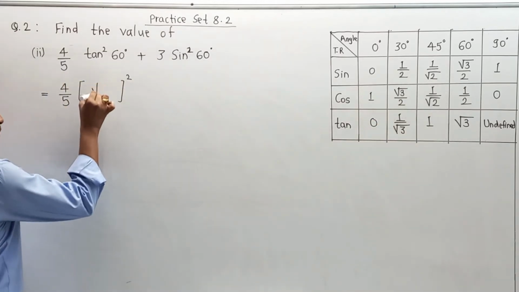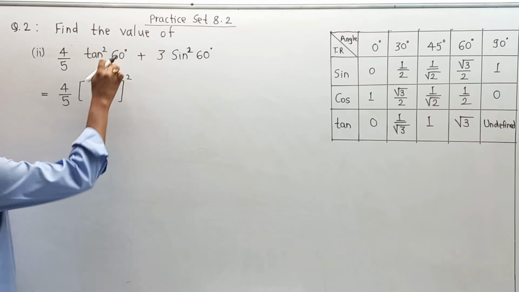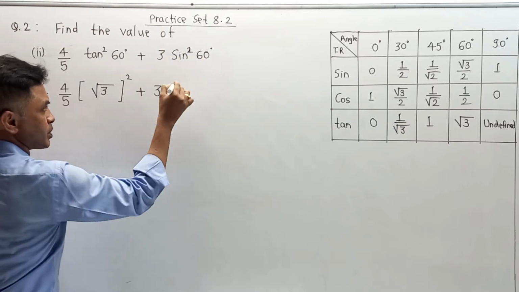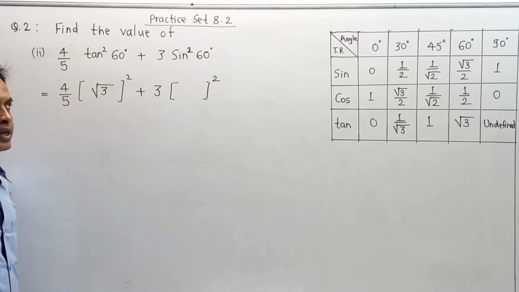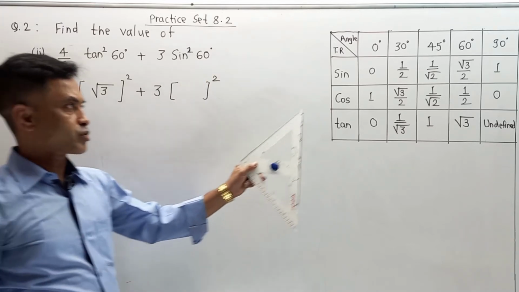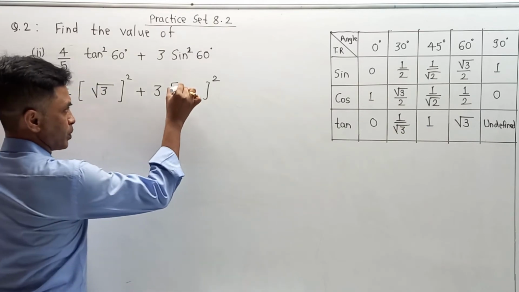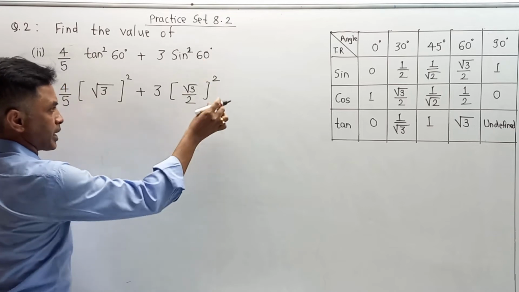The value of tan 60 from the table is root 3. So I write root 3 square, plus 3 into sin square 60. Again it is the square of sin 60, and according to our table, sin 60 is root 3 by 2. So we keep the value here, root 3 upon 2 in a bracket square.